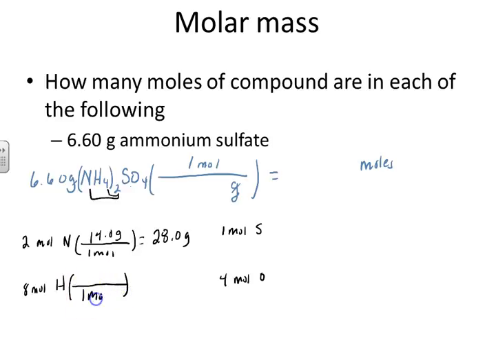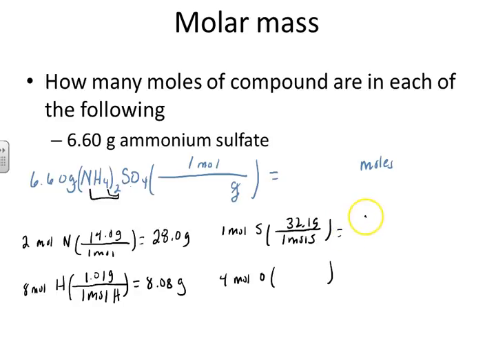For every 1 mole of hydrogen, we have 1.01 grams. That's 8.08 grams. For every 1 mole of sulfur, 32.1 grams. And then 4 moles of oxygen. For every 1 mole of oxygen, there are 16 grams. So that's going to be 64 grams.